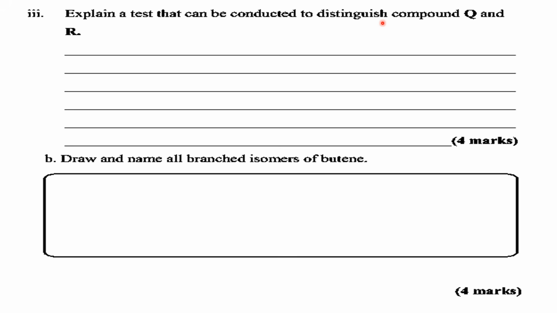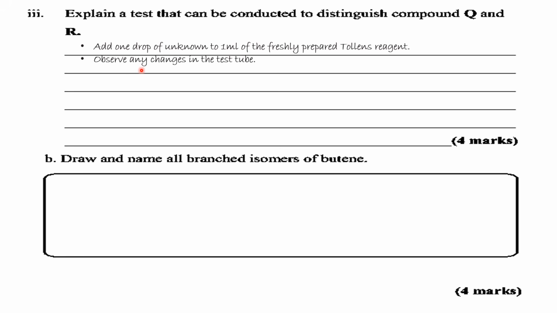All right, when you are distinguishing the two, you use what is called Tollens' reagent. So you add one drop of the unknown, in this case either Q or R, to 1 mL of freshly prepared Tollens' reagent. By saying this, you have 1 mark.